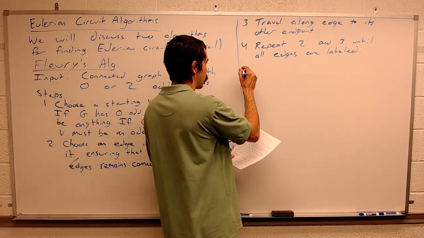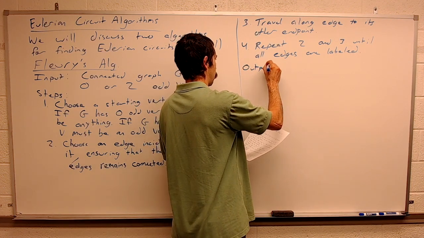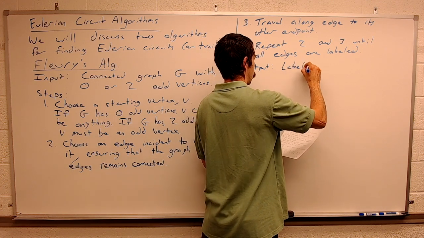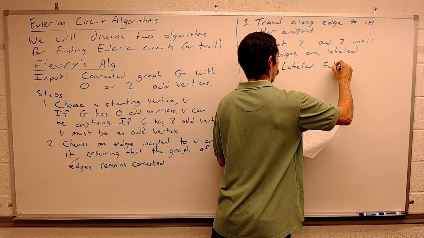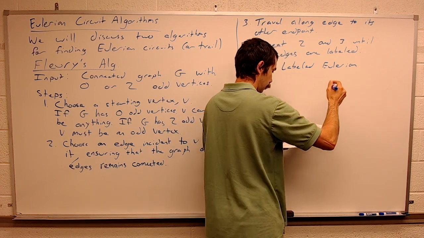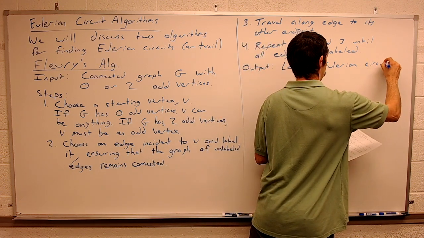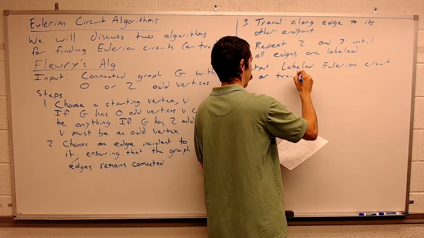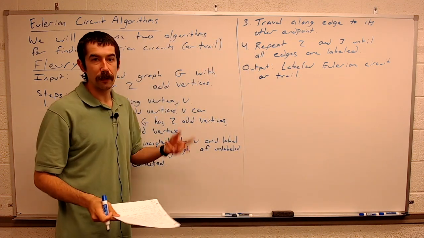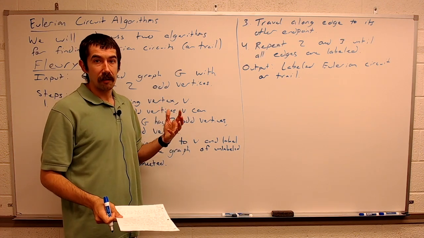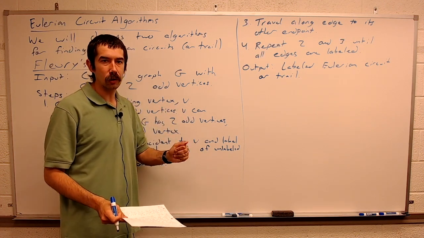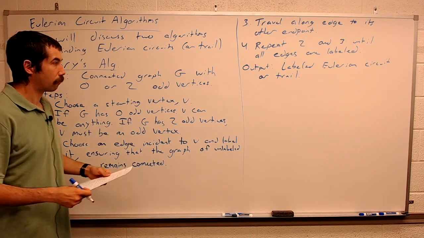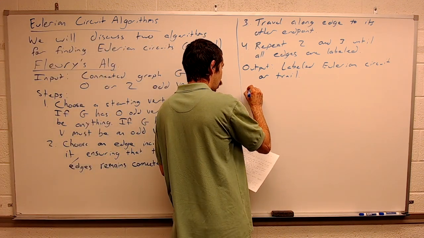Okay, so the output of this is a labeled Eulerian circuit or trail. All right, so if you find yourself needing to find an Eulerian circuit or an Eulerian trail, Fleury's algorithm is a good choice.